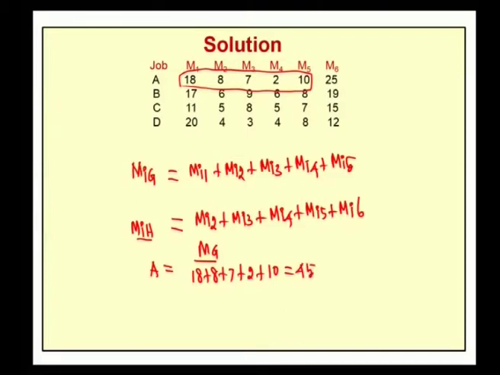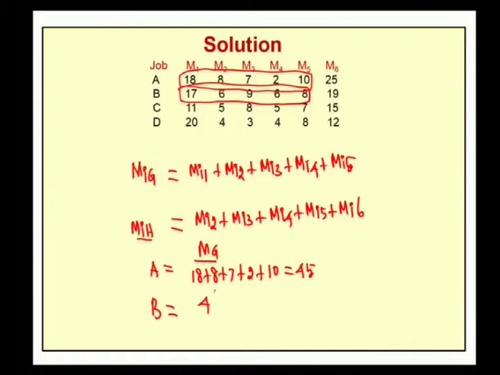So, under new machine G, the processing time for job A is 45. Then the processing time for job B for machine G is the sum of processing time of machine 1, which is 17, machine 2 6, machine 3 9, machine 4 6, machine 5 8. Therefore, for job B, the processing time is the sum of these processing times, which is 46.